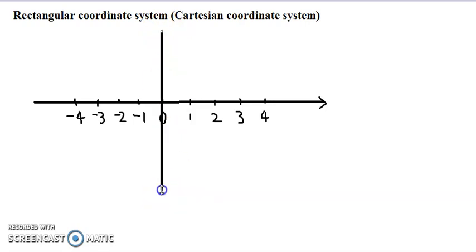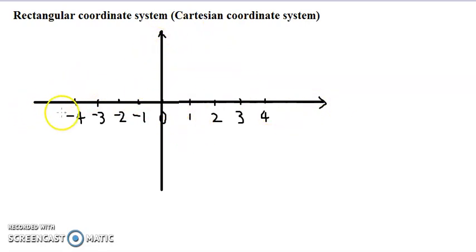The story goes that he invented this because he was lying in bed and he saw a fly crawling on the ceiling. To determine the movement of the fly, you will need two numbers, and that gave him the idea to create this coordinate system.